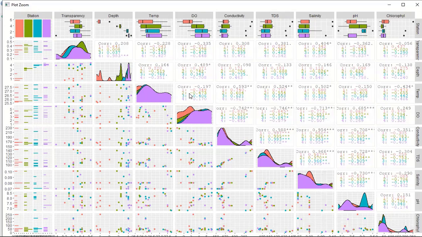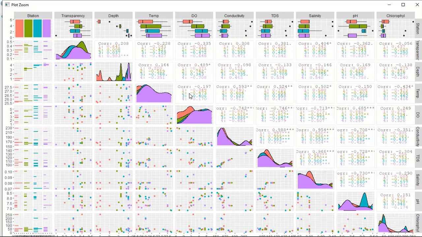So let's say, for example, we have depth and temperature. If for every 1 unit increase in depth, temperature increases by the same level, maybe 1 degree increase in temperature for 1 meter or a centimeter increase in depth, whatever, that is a strong correlation of 1.